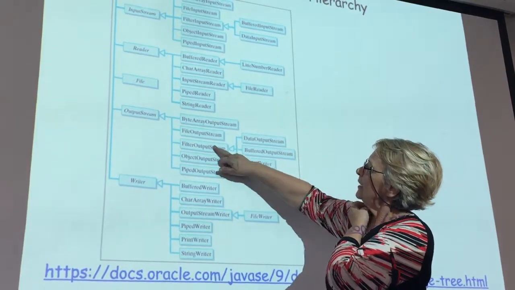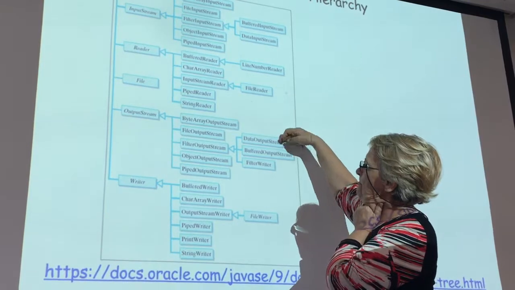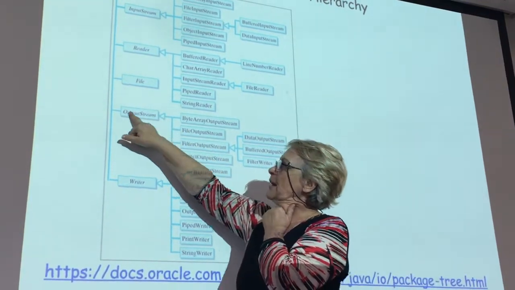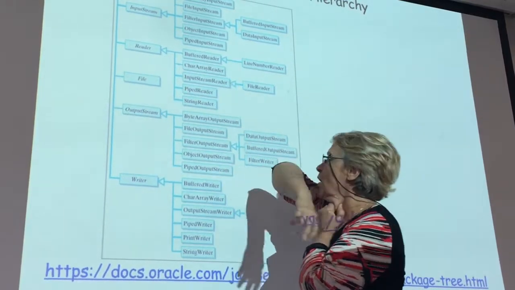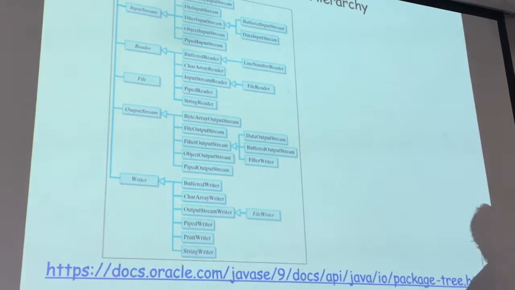So notice how the documentation is presented. DataOutputStream is derived from FileOutputStream, which is derived from OutputStream, which is derived from Object. And probably you notice that each class has only one parent.